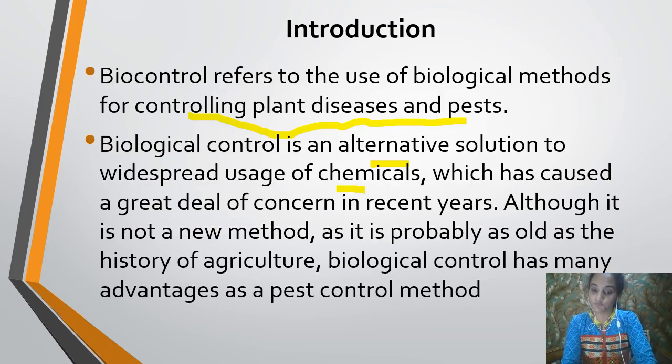It can affect the food chain, it can affect the food web, and it will disturb the ecological balance. I think it's clear. So what is the advantage of using the biocontrol method rather than a chemical method? Of course, we know that it is the use of the biological method to control the pest, to control the insect or to remove the weeds.